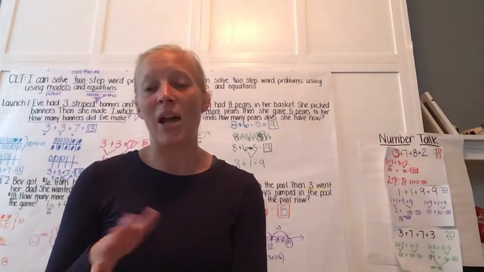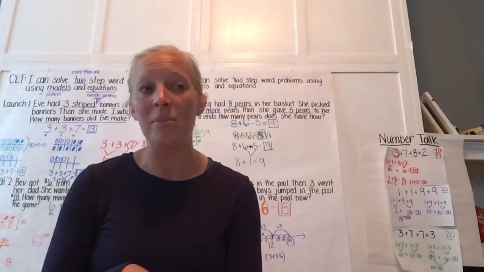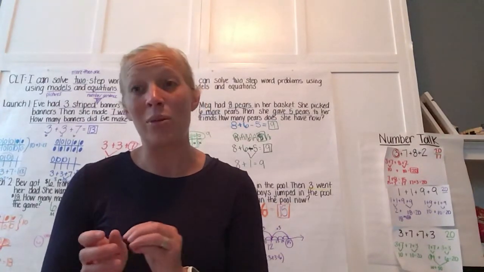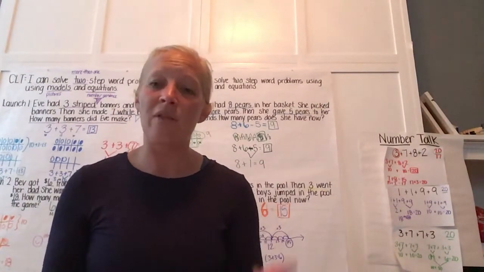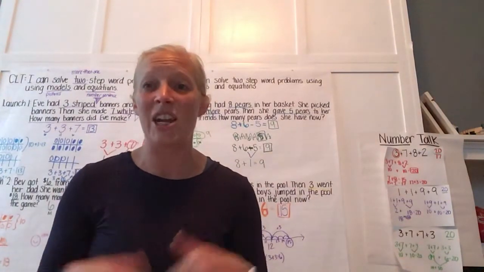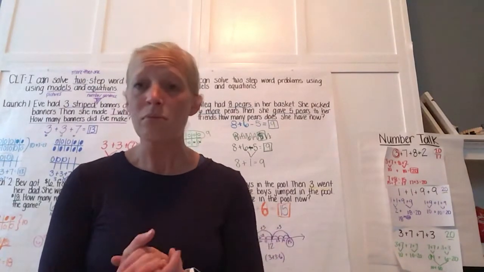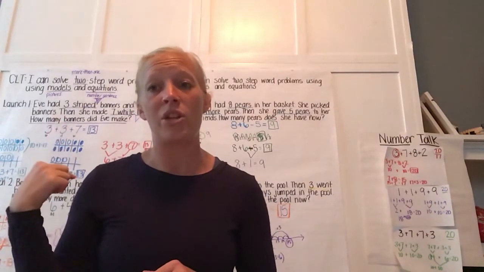So I was looking at the assessment and I noticed that some of the problems had a missing change. And so I thought that would be really good to get the kids in the habit of each day solving at least one problem together that the change is unknown rather than just the result. So I did one where the result was unknown and then one where the change was unknown.